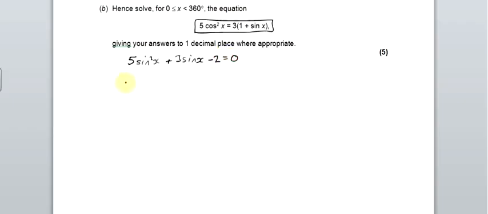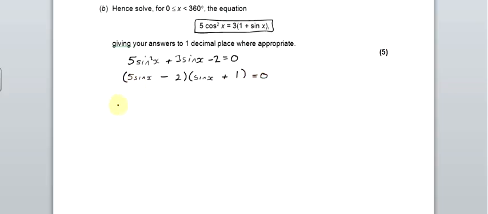And we're going to factorise that, because this is a very clear quadratic there, so you could do a substitution if you wanted. It's got to be a 5 sine x here, and it's got to be a sine x there. And then 2, well, that's only 2 and 1, very, very straightforward. So it's 2 and 1, and it's minus 2 and plus 1, and equals 0.